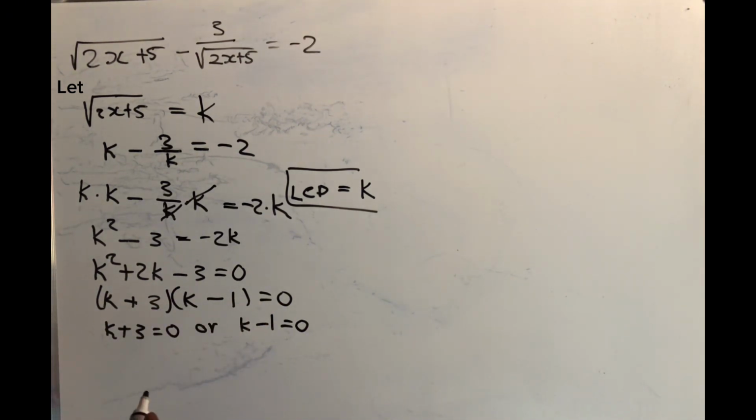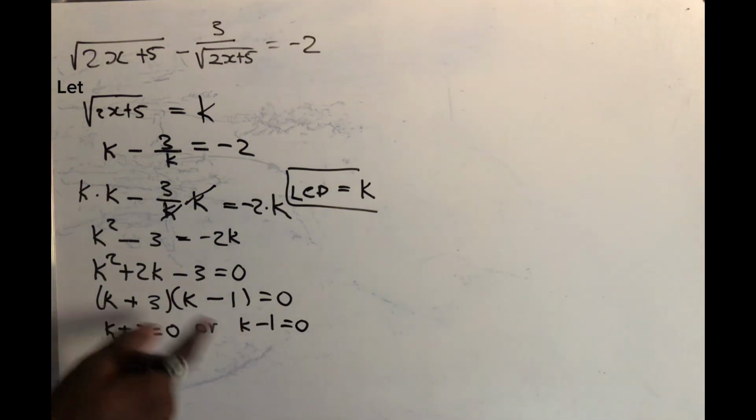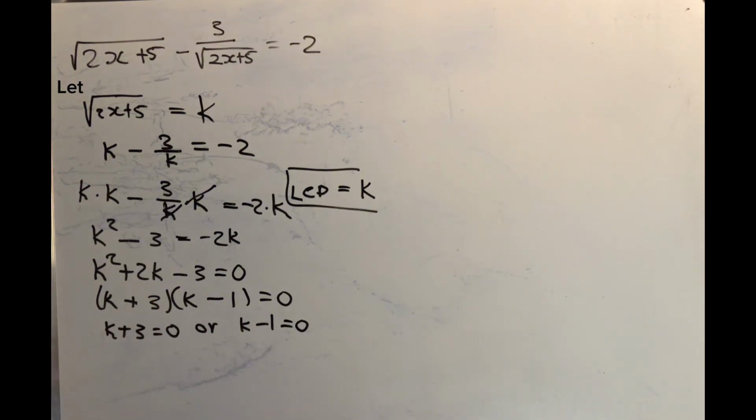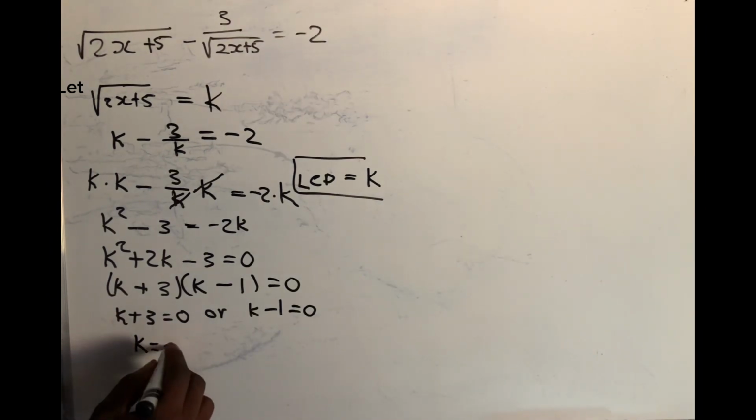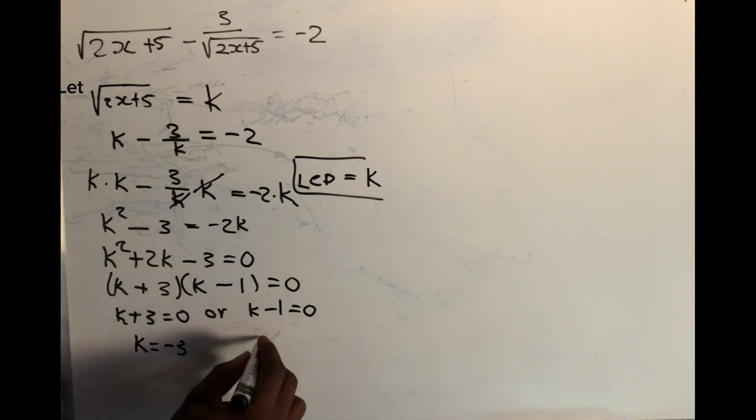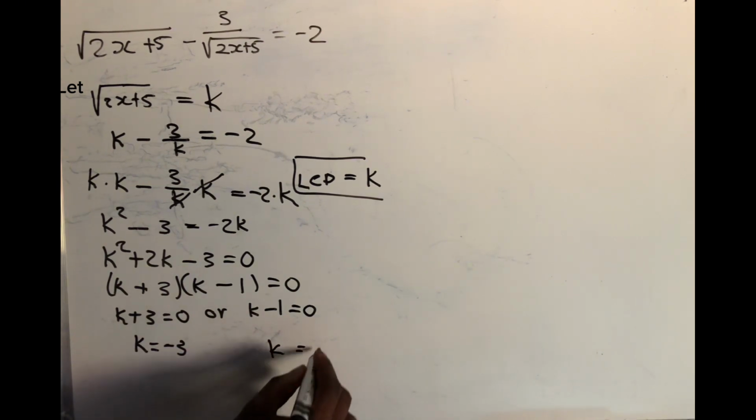Some of you already know that, but for those of you who do not, wait for my other video on solving for x given two factors that are multiplying each other. Now we take the 3 to the other side. We get k to be negative 3, or k equals 1.